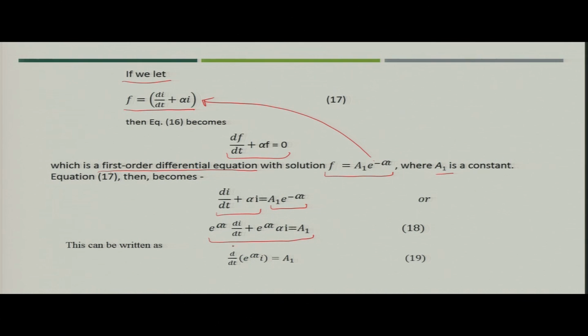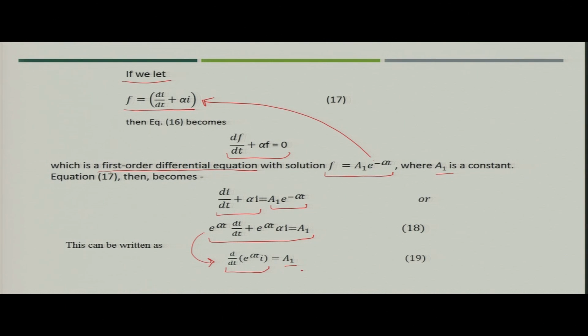Now, if you see the left hand side of this, e to the power alpha t di by dt plus e to the power alpha t alpha i is equal to A1, that is nothing but d by dt of e to the power alpha t into i is equal to A1. So, this equation you can simply rearrange, and it will become d by dt of the whole of e to the power alpha t and i.